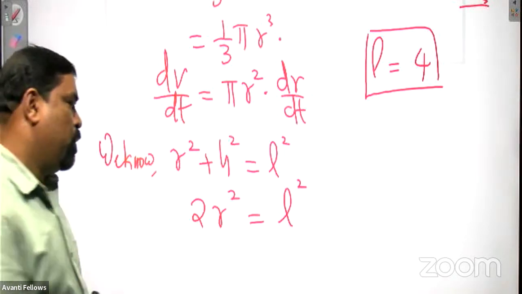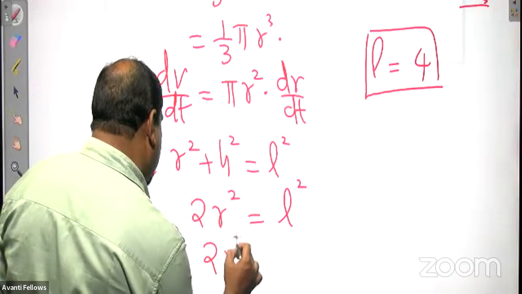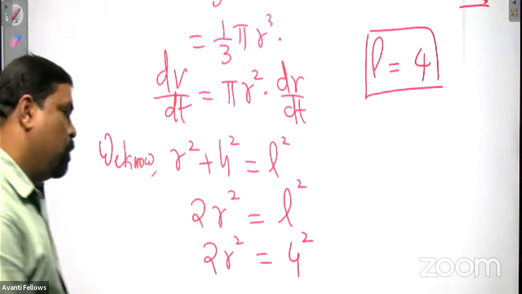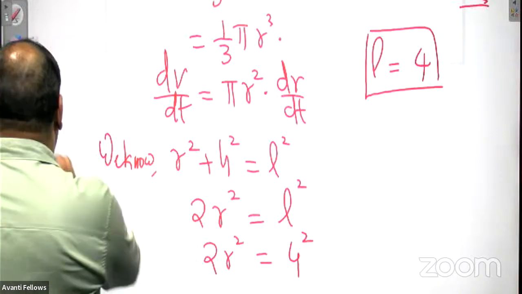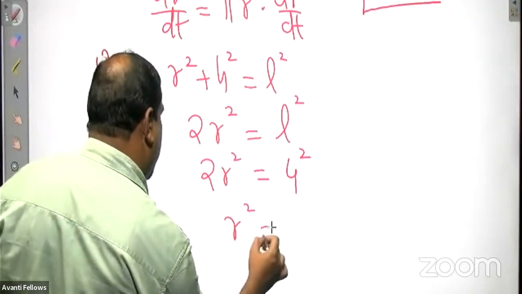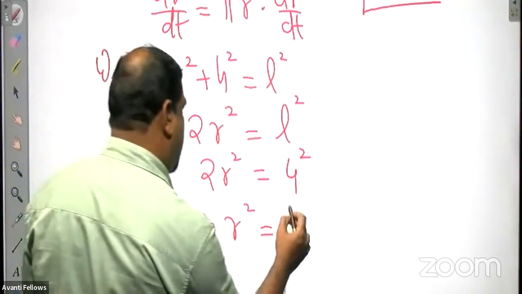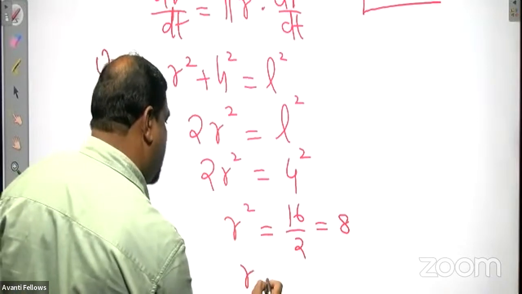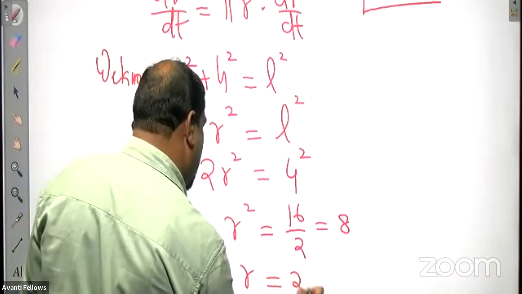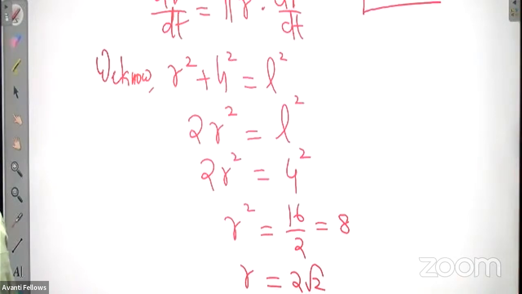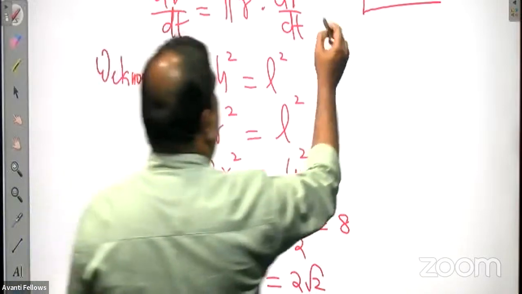But L is given as 4. That means you will get 2r square is equal to 4 square, so r square is equal to 16 by 2, that's equal to 8. So r is equal to root of 8, that's equal to 2 root 2. So that we can substitute here.